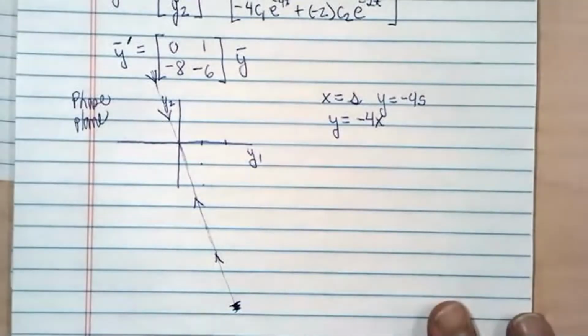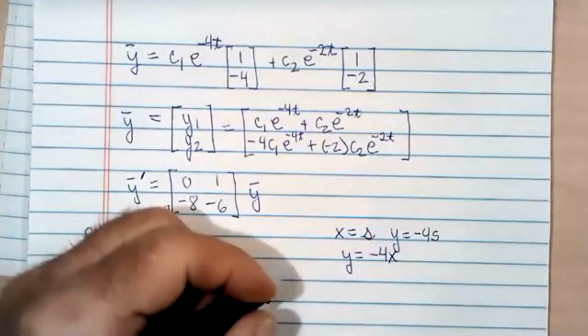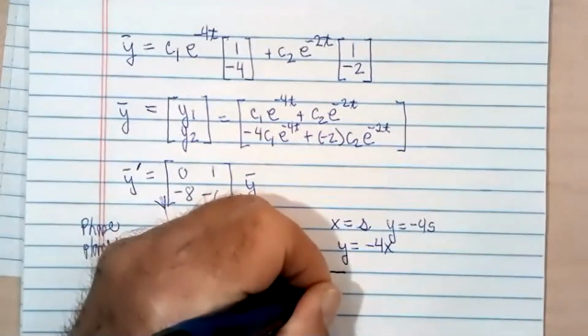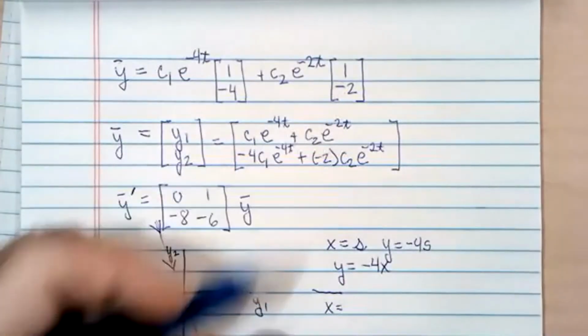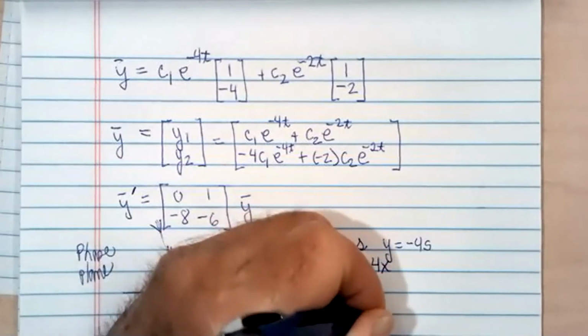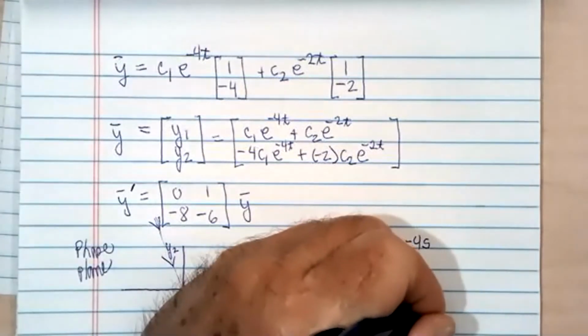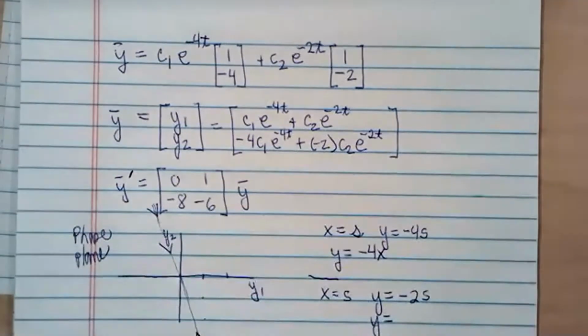Now, what about this vector over here? Well, that's pretty much the same story, just different numbers. If I multiplied this by s, that would give me all scalar multiples. X equals s, y equals -2s. So y is equal to -2x.